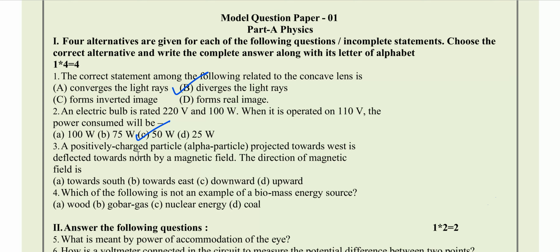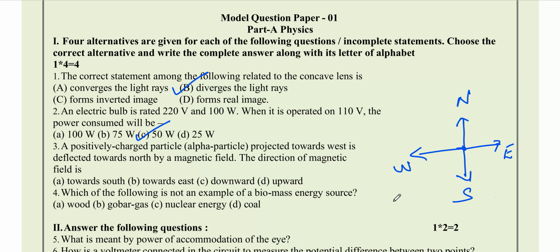A positively charged particle, an alpha particle, is projected towards west. See here, please observe. One positive alpha particle is there. It is projected towards west.